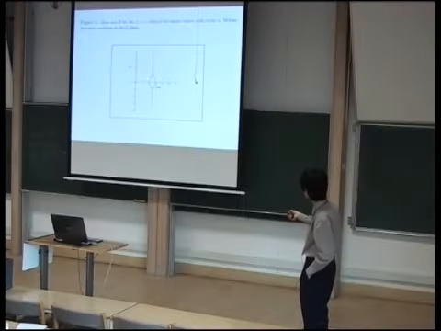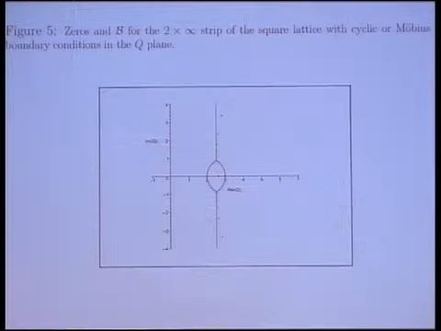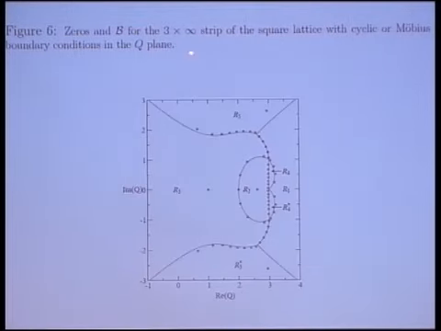So this locus crosses Q equal to 2 and 3. If we go to Ly equal to 3 for the square lattice, again this locus crosses Q equal to 2 and 3, and this locus goes to infinity.